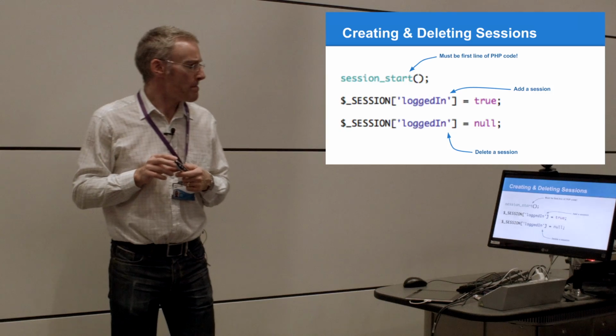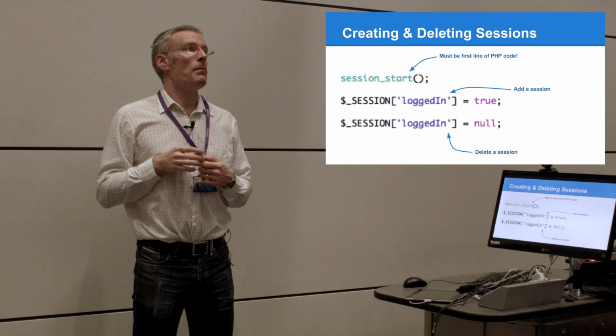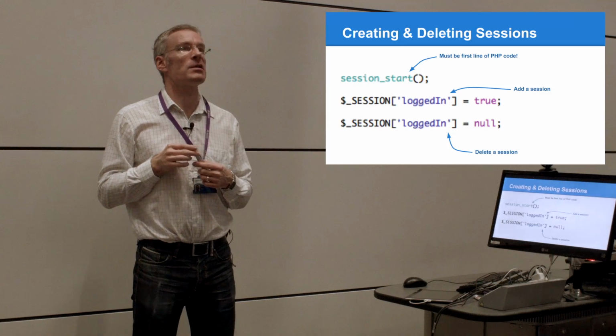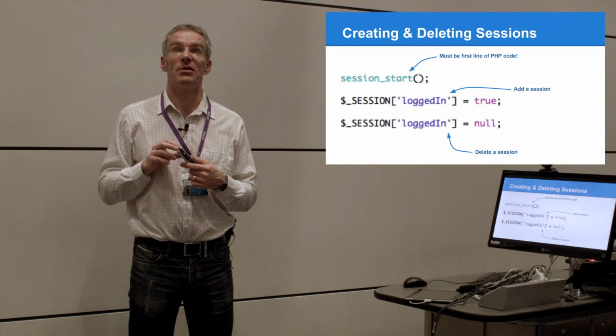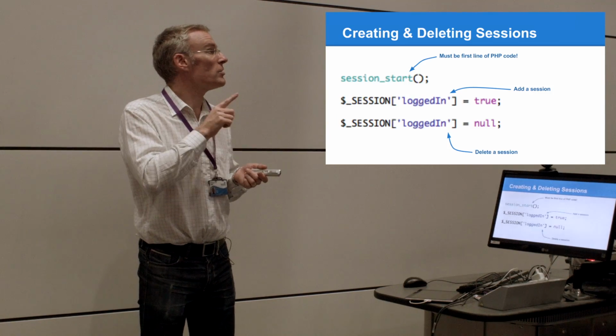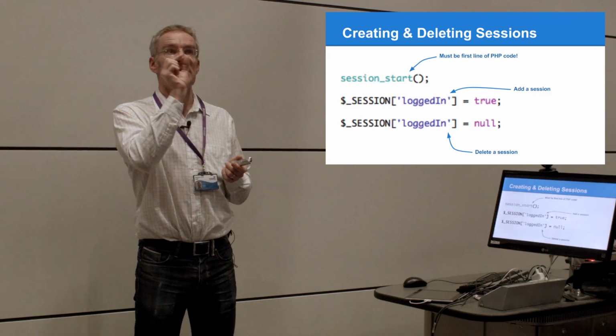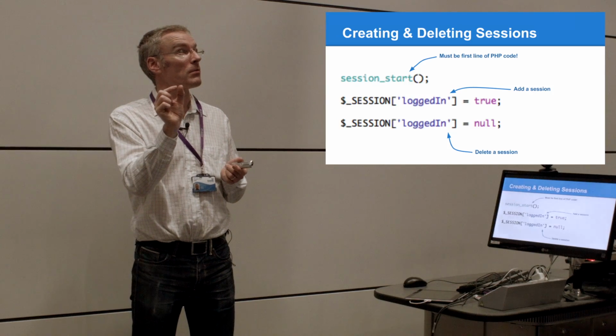This is the key. This is how we set a session. The most important thing is the first line of PHP code in your script, your processing script, or your secure content page must be session_start. If you put a single white space before that session_start, it won't work.